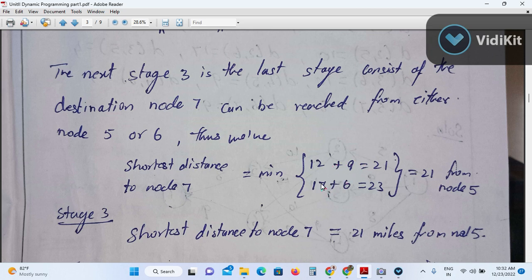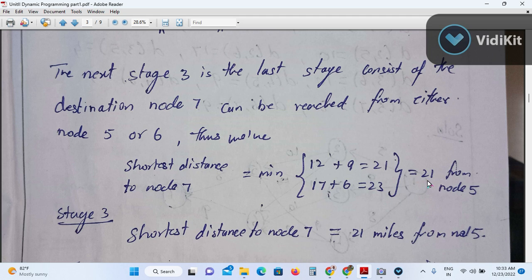Similarly, at 6 the distance is 17, and from 6 to 7, the distance is 6. So concluding these two, 21 and 23, the minimum distance is 21, that is from node 5.